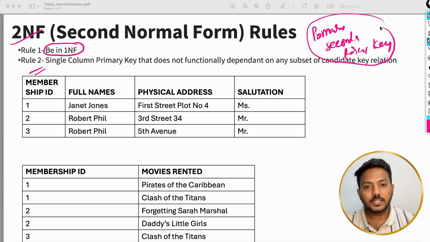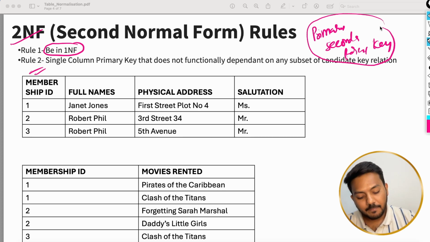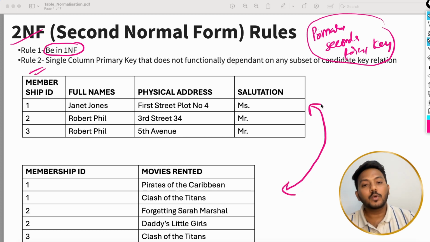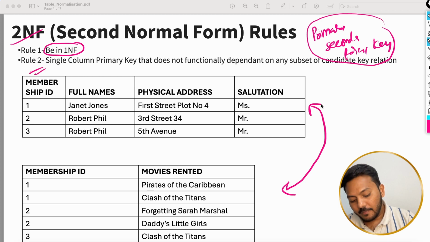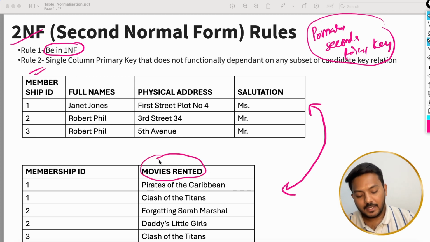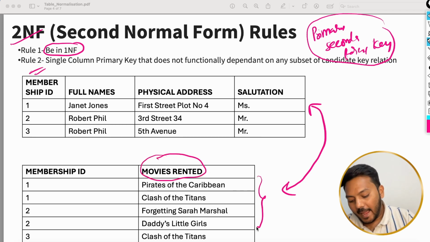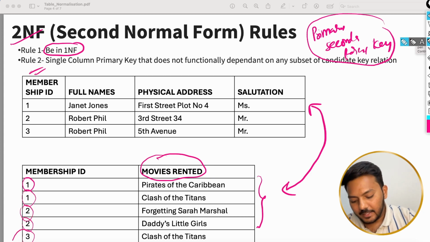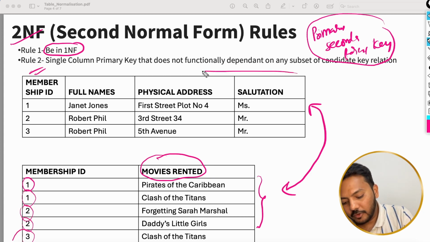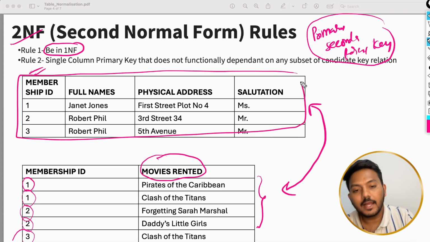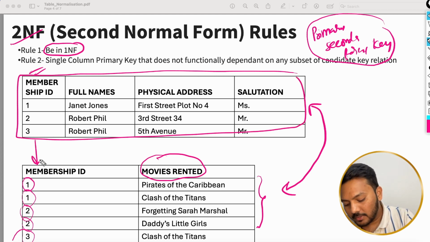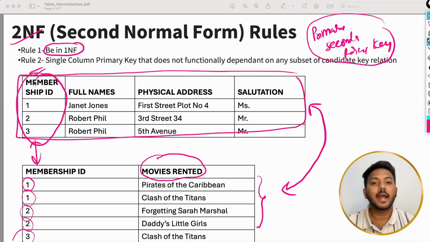If you haven't watched that video, I will be linking it on top of this video. Please do check it out. So what I did is I split my table into two different tables: I moved all the movies rented into another table, and I have given a membership ID, and then I have all the information of the person in another table, and I have these two linked with a membership ID column.